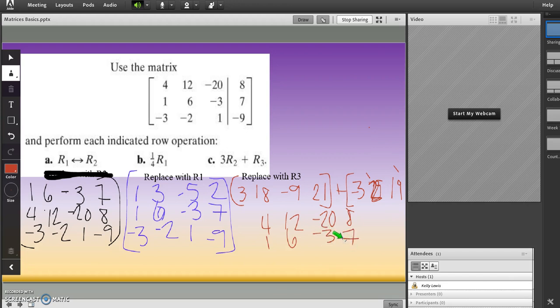And then I'm going to replace whatever I get right here and put that in row 3. 3 plus -3 is 0. 18 plus -2 is 16. -9 plus 1 is -8. 21 plus -9, 21 minus 9 is 12. Right, so this is my answer right here. Those are just row operations.